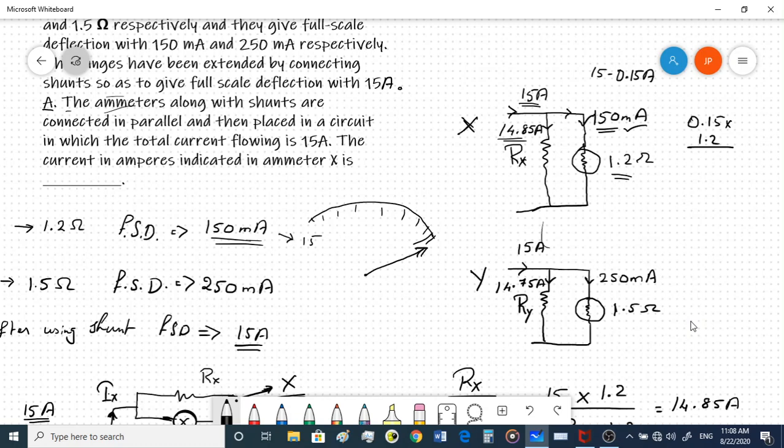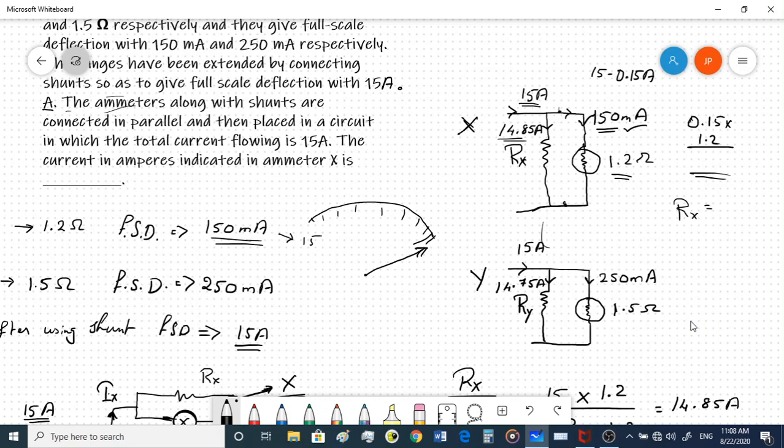Now if you divide the voltage with the current of the branch, so the voltage will be the same for both these branches. So whatever is the voltage that is there in this branch will be the same for the next branch as well, and whatever value you get, you can directly divide with 14.85, you will get the resistance Rx.